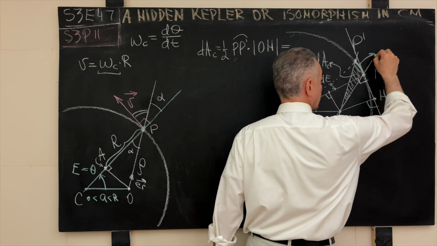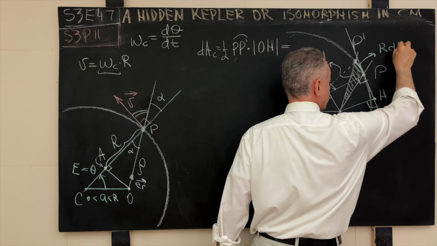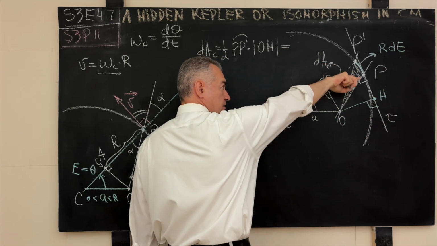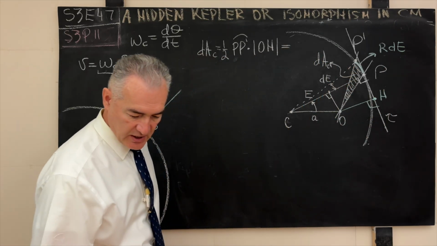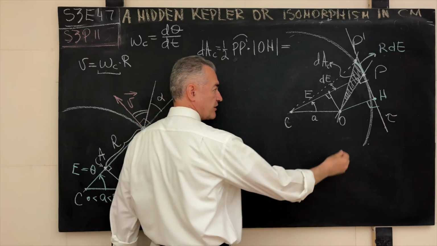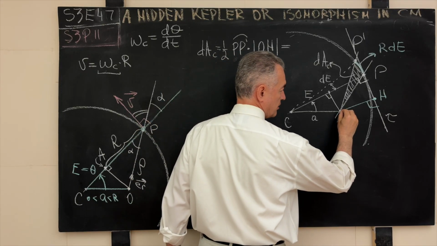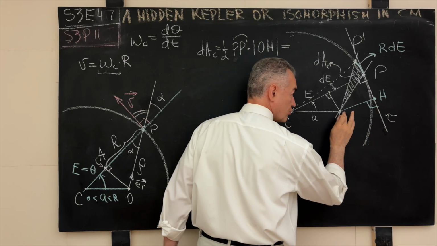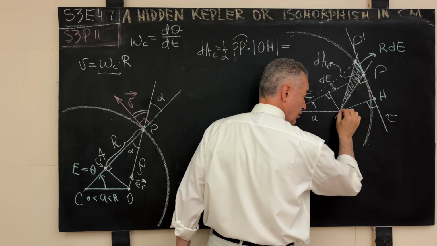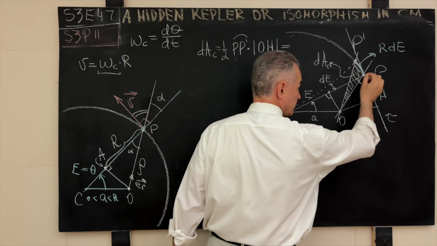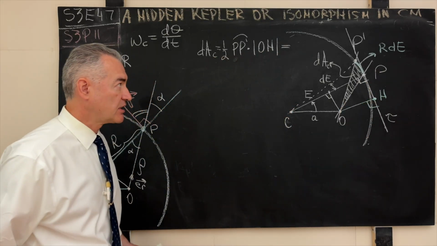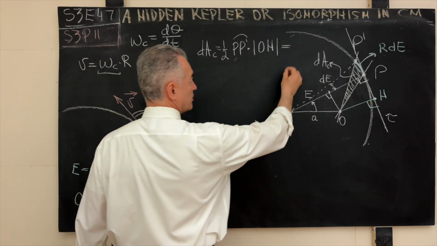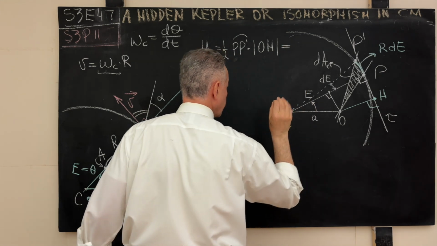This guy is R dE, the small angle. And what is the height? The height is the length of the line segment that we draw by constructing a perpendicular to the tangent tau through the point O. Perpendicular OH is the height of this triangle. That's it. This is the setup. It's not really complicated, and it's worth spending time to master Newton's method.